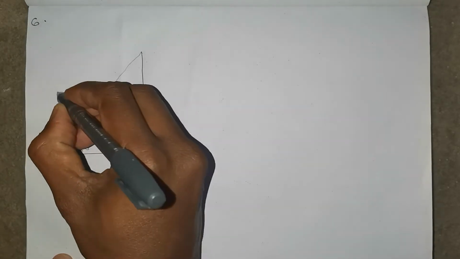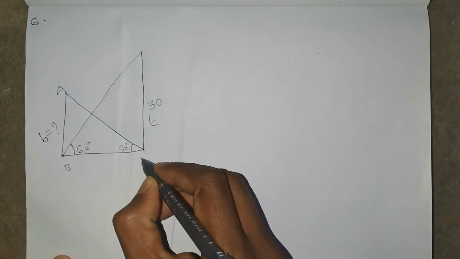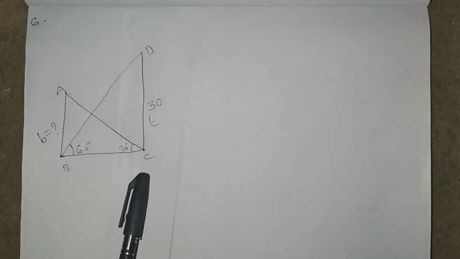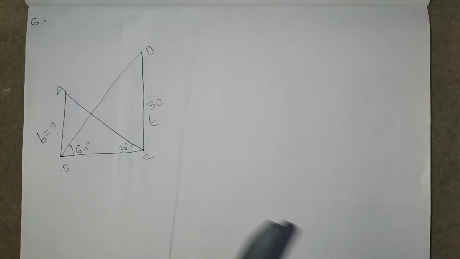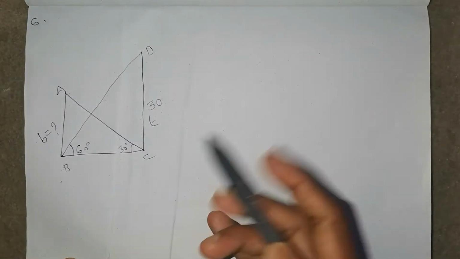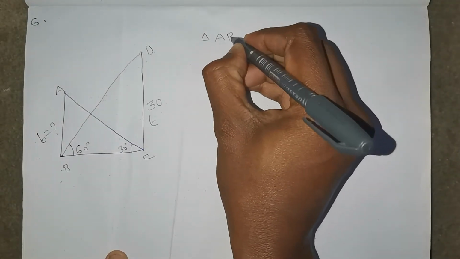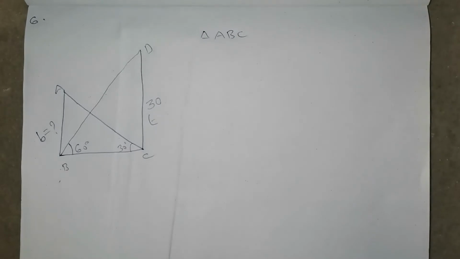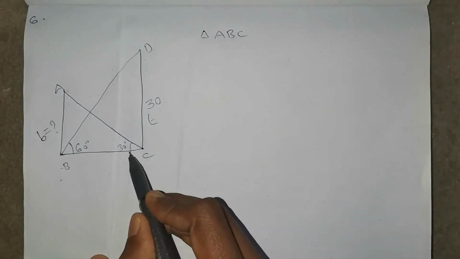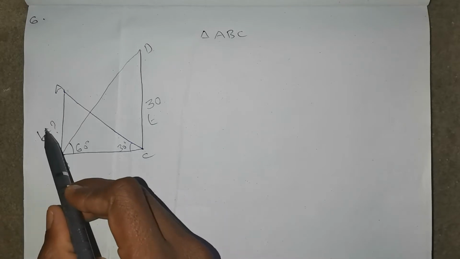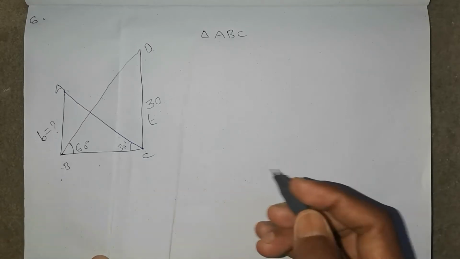Here A, B, C, D, I am making points. ABC is one triangle, DBC is another triangle. So first I am going with this ABC triangle. In triangle ABC, 30 degrees is there, so this will become opposite and this will become adjacent.